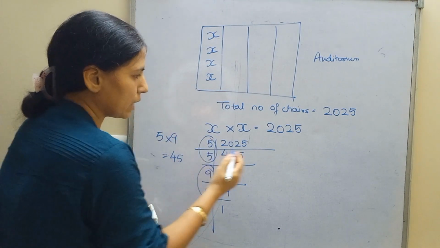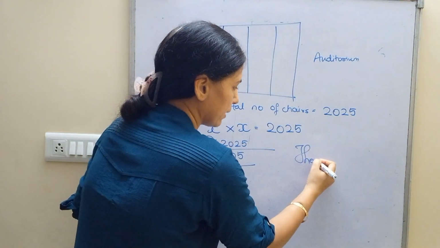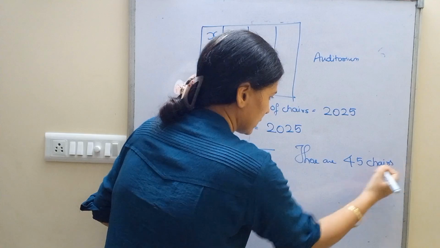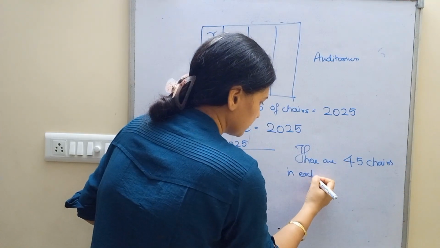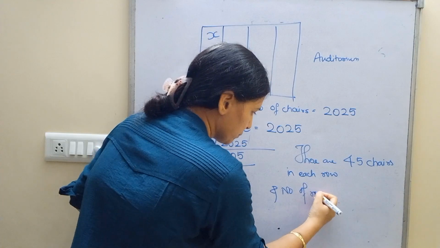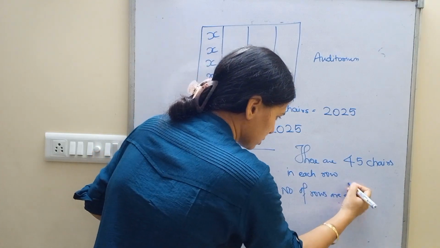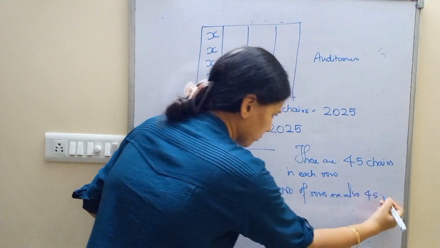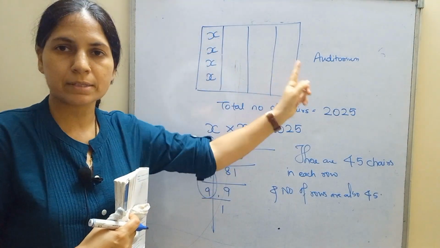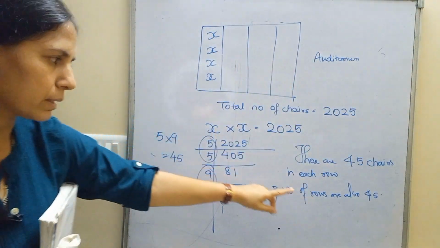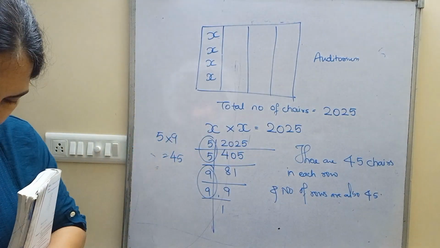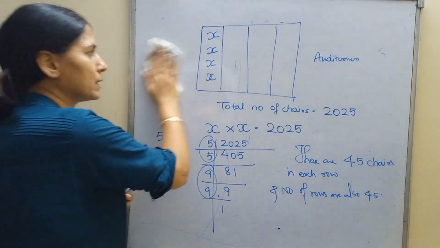So there are 45 chairs in each row, and the number of rows are also 45. 45 chairs are there in one line and there are 45 such rows. In total, the number of chairs is 2025. You can copy this down so that we can go ahead with the next sum.